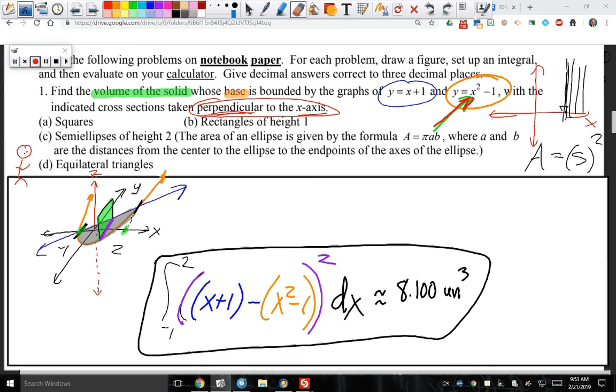Let's do rectangles with a height of 1. If instead of making this a square, I'm going to make it a rectangle. I'm going to draw this somewhere else, because right now I have the square going on. And the height is 1.